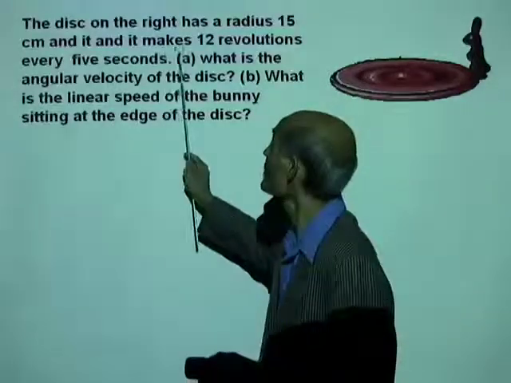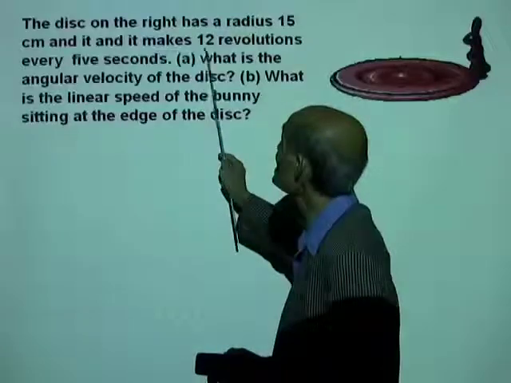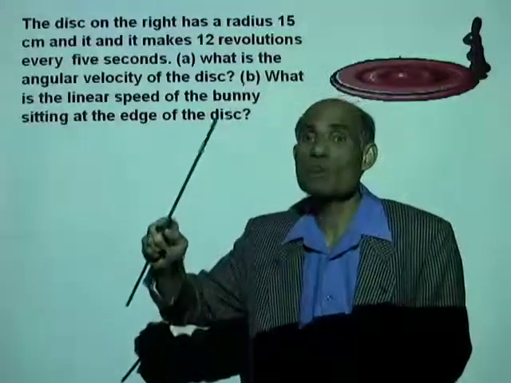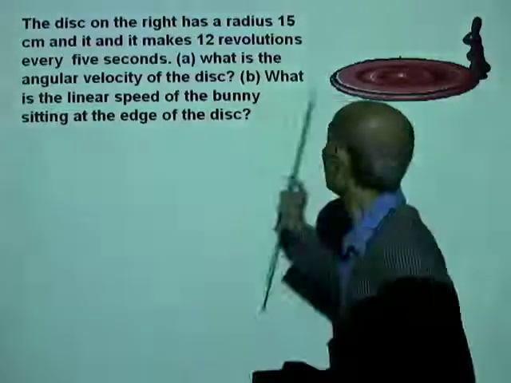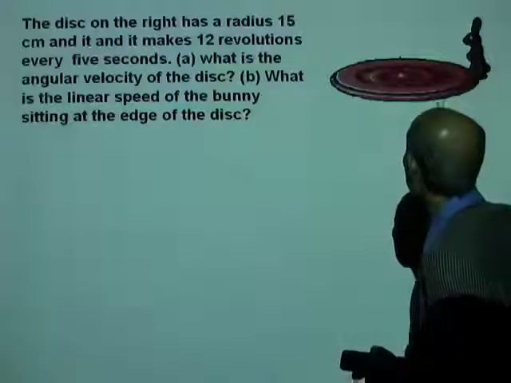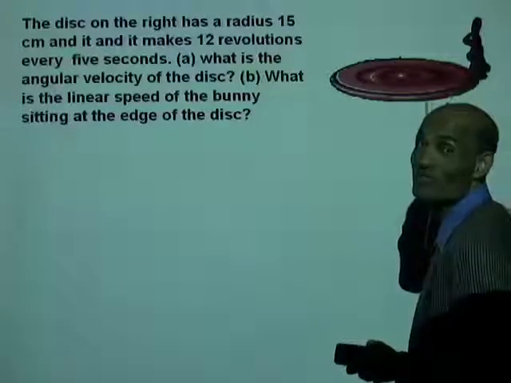In 5 seconds, the disc made 12 revolutions. What is the angular displacement for 1 revolution? When the disc makes 1 revolution, the angular displacement is 2 pi radians.